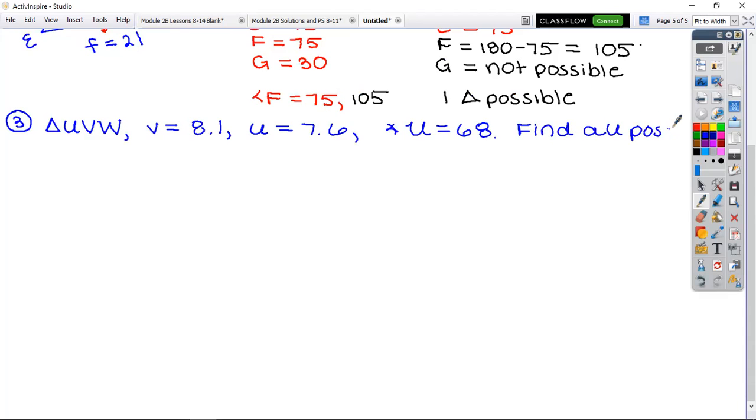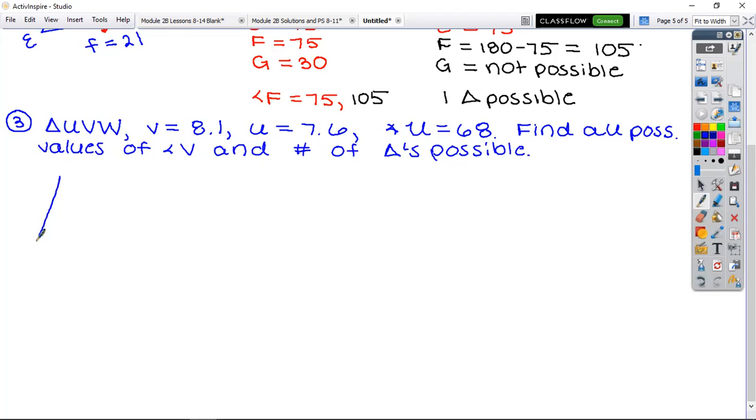I'm not going to have you solve this one all the way out though. I'm abbreviating. Find all possible values of angle V, and we'll just say number of triangles possible. Okay, so again, start with a picture so you can visualize this.